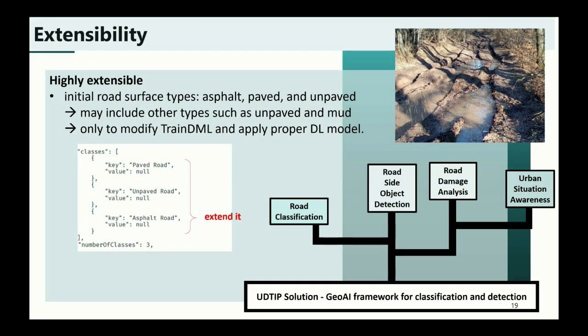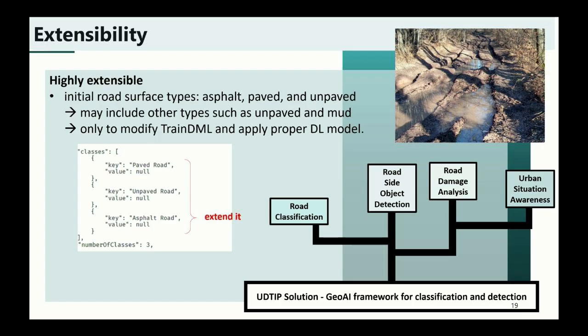One thing that I'd like to mention before ending my presentation is the extensibility. It is very extensible because our system is based on OGC standards. For example, here is a part of TrainDML. In this case, our classification is only for 3 categories, but if you want to include more classification, you just add more classes.